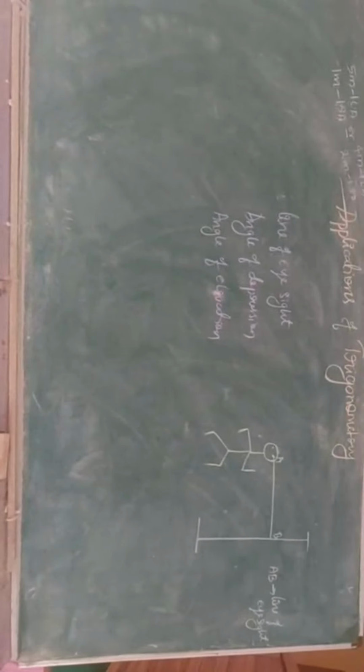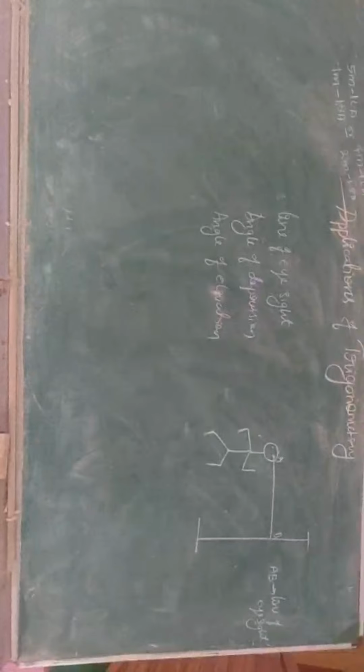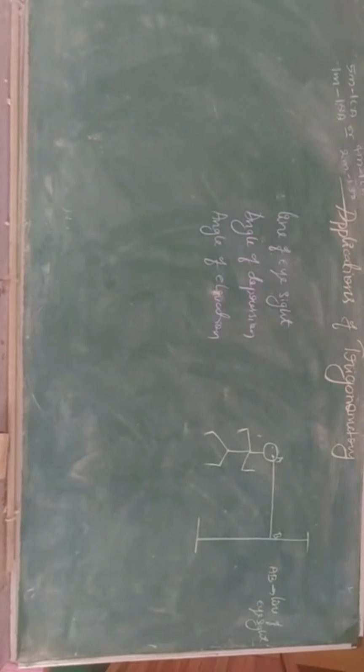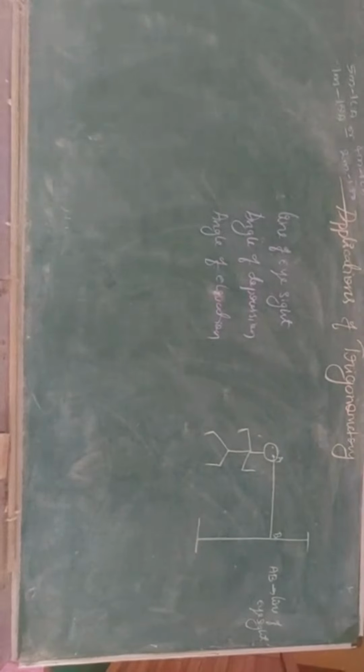The next heading: angle of elevation. Angle of elevation is the angle formed by the line of sight with the horizontal when it is above the horizontal level.